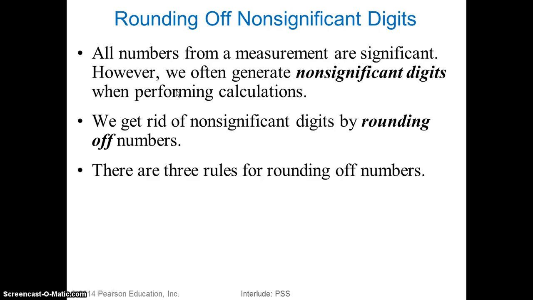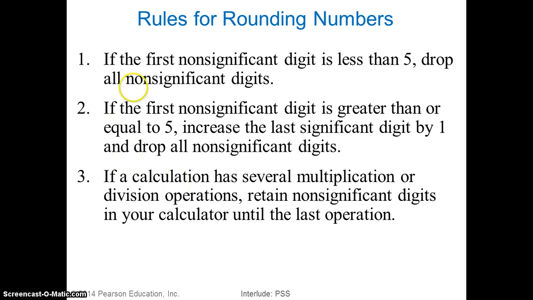Rounding of non-significant digits. So how do we round? All numbers from a measurement are significant. However, we often generate non-significant digits when performing calculations. When we round off, that means we get rid of non-significant digits. There are 3 rules for rounding numbers. Rule number 1, if the first non-significant digit is less than 5, then drop all non-significant digits.